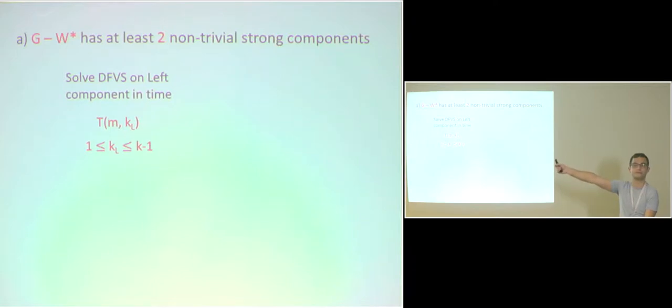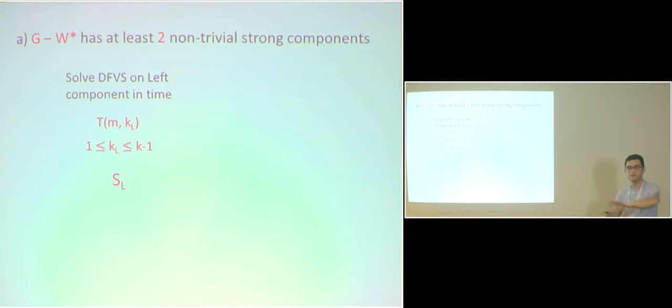So I know that the time I'm going to take is T of m, the number of edges in the graph, and k_L, which is whatever the size of the optimum solution is there, but no more than k minus 1. Now, that algorithm runs recursively and produces a solution S_L to that strong component.